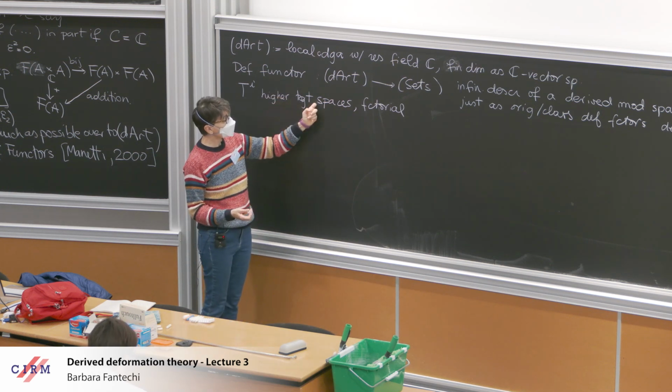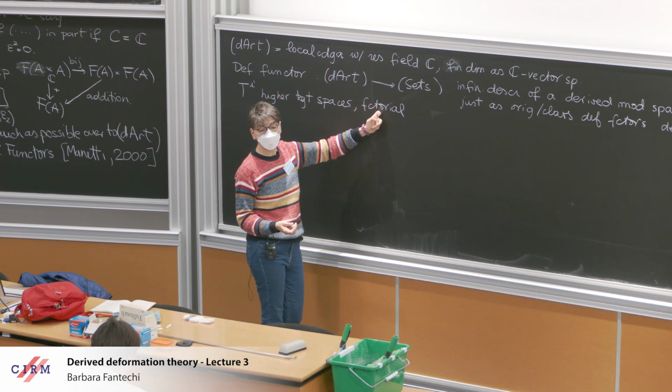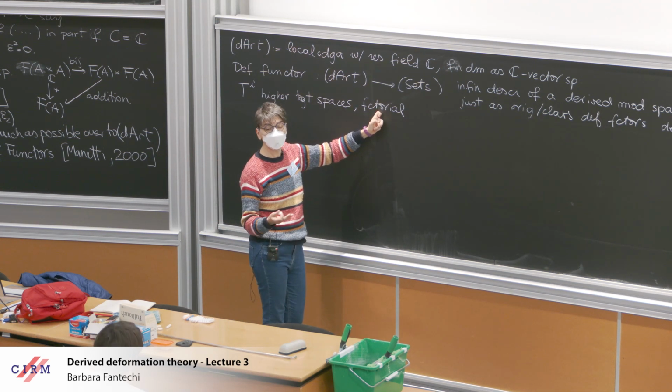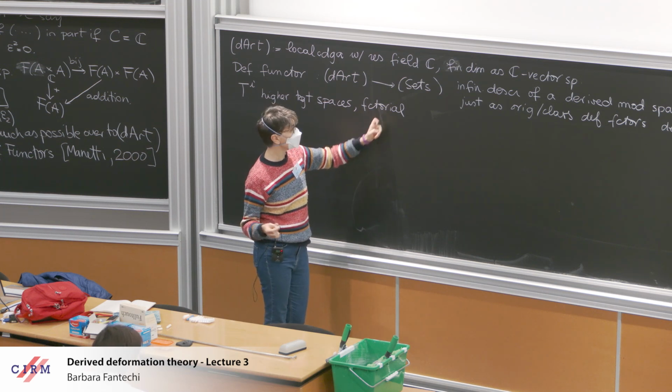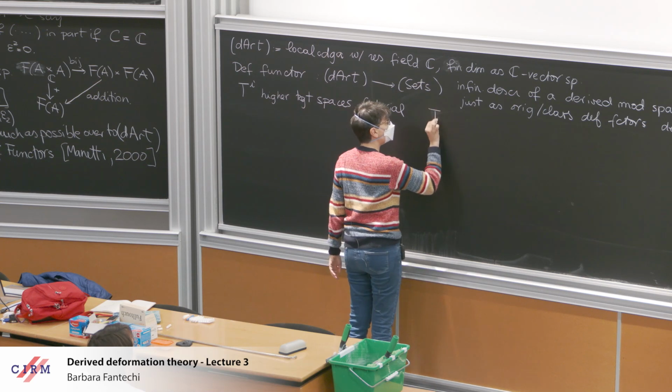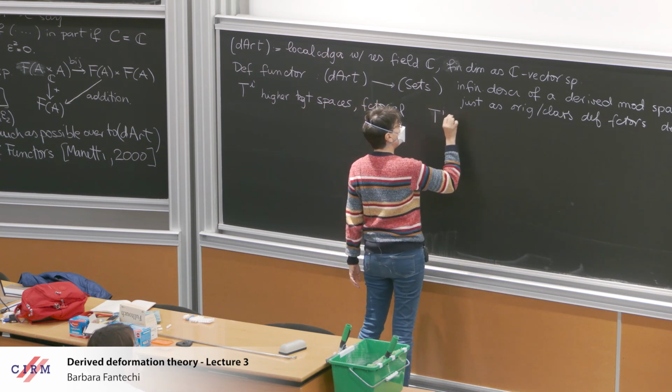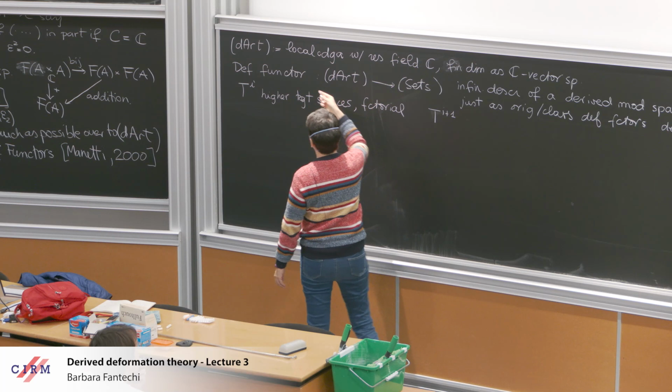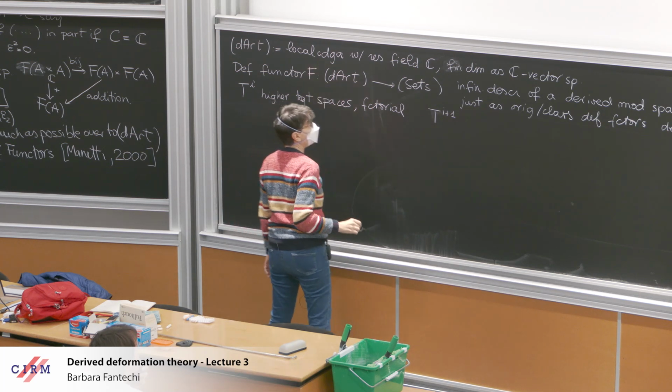And these higher tangent spaces will be functorial. So this again is the typical thing we want when we do deformation theory. We want to make sure that not only the map on the tangents is natural, but the map of the obstruction is also natural.